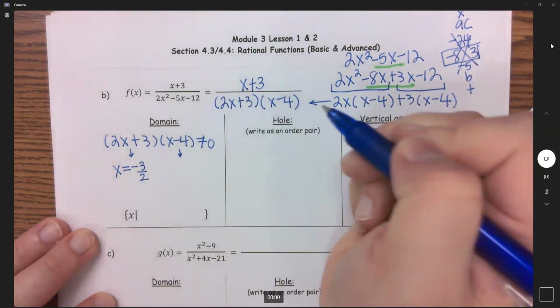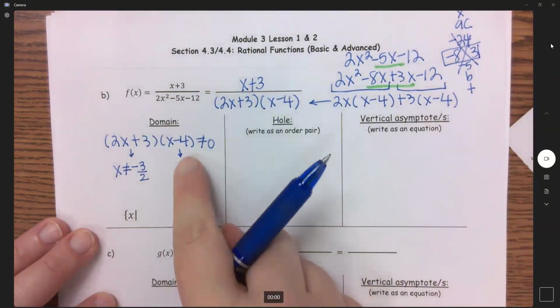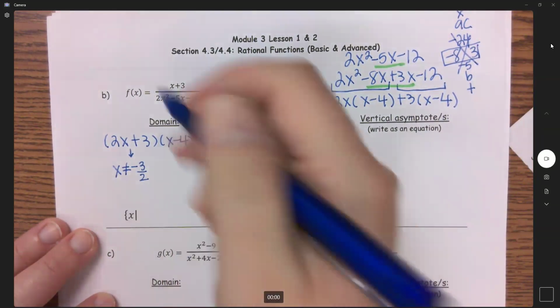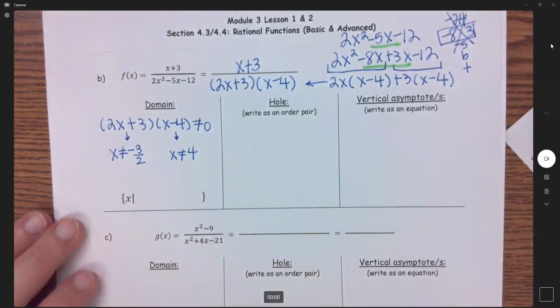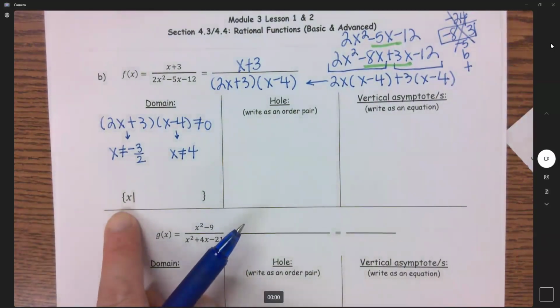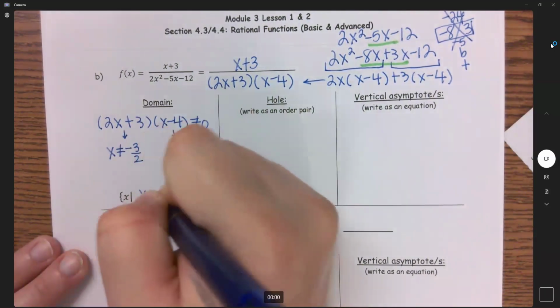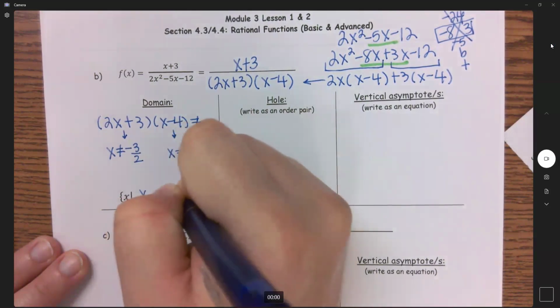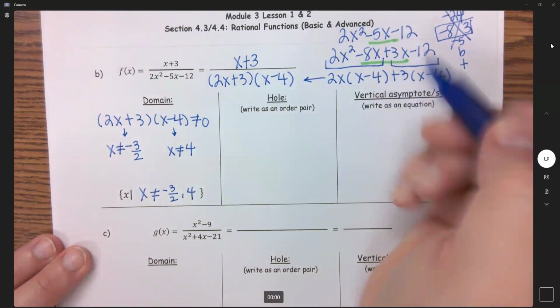And when I set this to not equal 0, we're going to get that x cannot equal 4. So what is my domain? My domain is the set of all x such that x cannot equal -3/2 or 4.